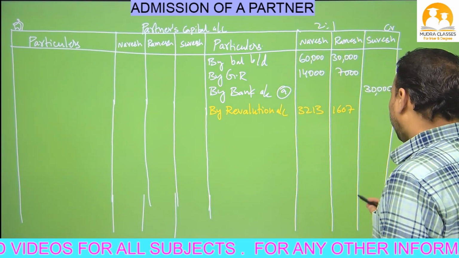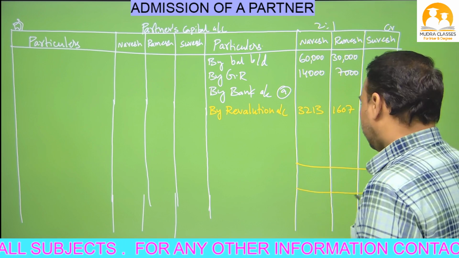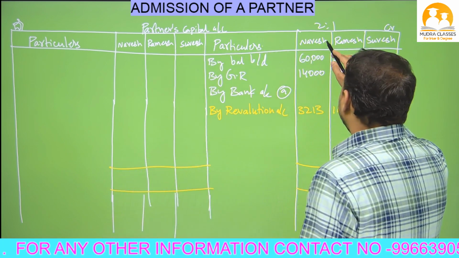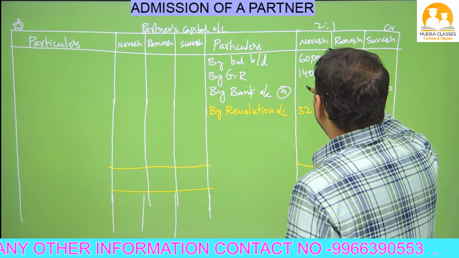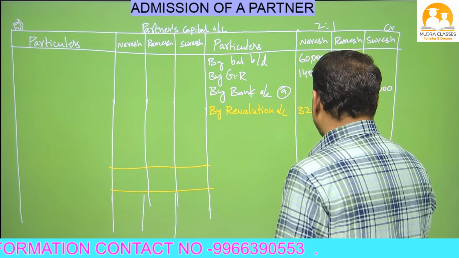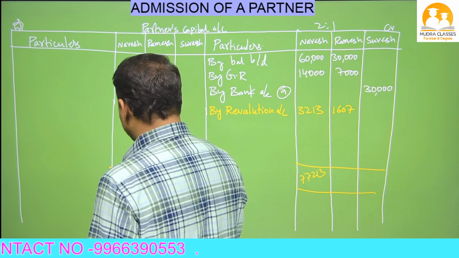Now we have to close the partners' capital account. Now do the debit side total, Naresh's side: 77,213. The same amount you have to write here, 77,213.